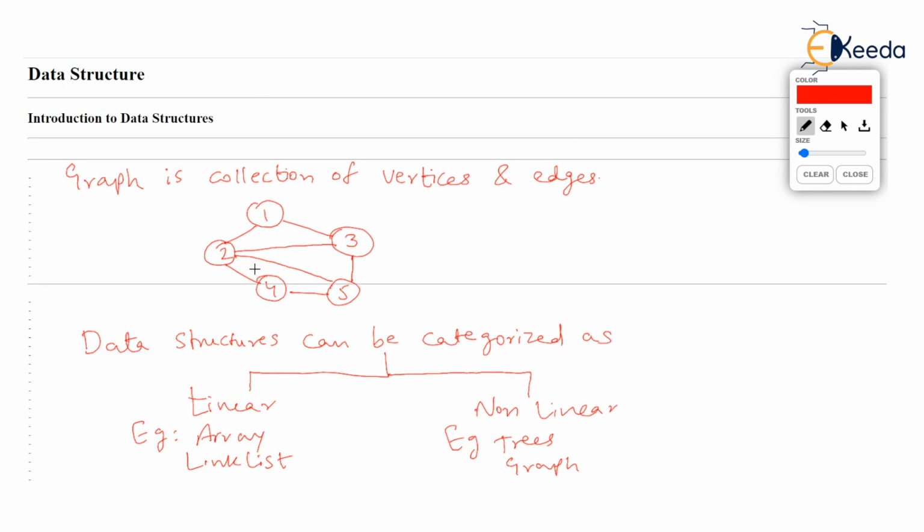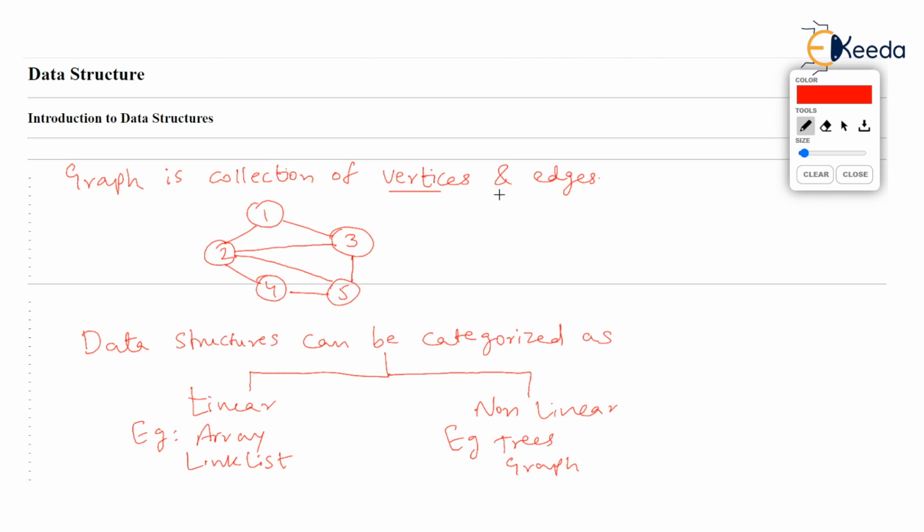Now a graph is basically a collection of vertices and edges. Now this one drawn in a circle, or two drawn in a circle, or three drawn in a circle are vertices. So there are 5 vertices in this graph, and every line connecting these vertices, like 1 and 3 are connected, 1 and 2 are connected, is known as an edge. So basically a graph is a collection of vertices and edges.